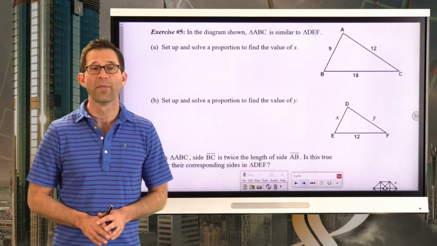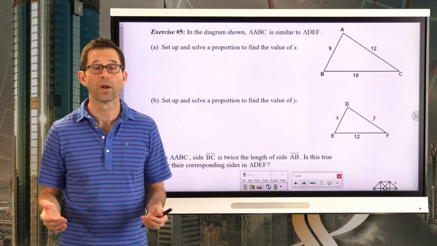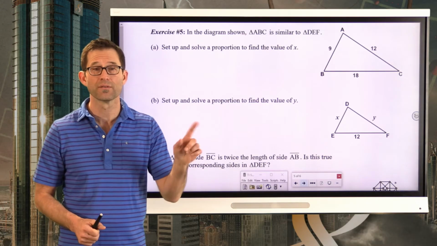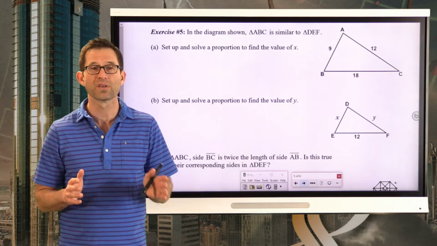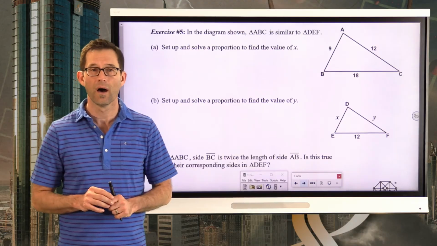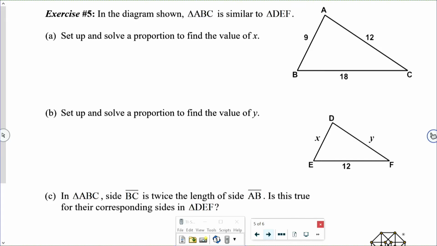Now, in the last problem, that scaling factor was equal to 4. So it was kind of a piece of cake. We literally just were like, all right, 4 times this, 4 times that. But let's look at a situation where algebra can actually help us find the missing sides of similar triangles. Exercise number 5. In the diagram shown below, triangle ABC is similar to triangle DEF.